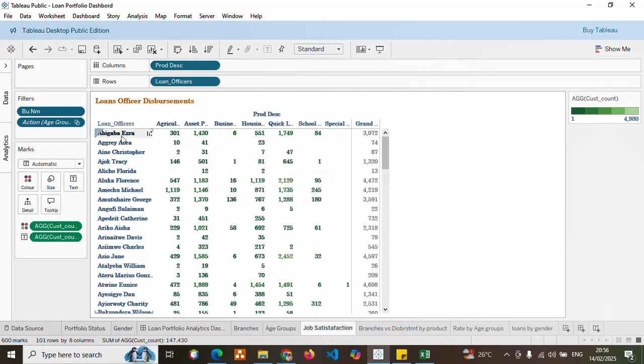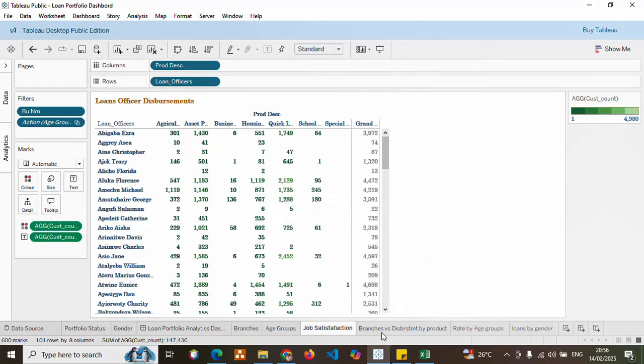So for example, you see someone called Abigawa Ezra under agriculture, he disbursed 301 total loans. For example, another one I can look at, Amechu Michael, has disbursed over 871 loans under the housing loan product.